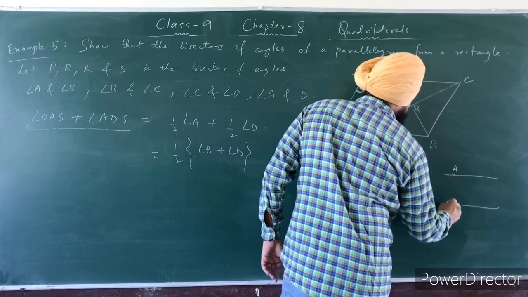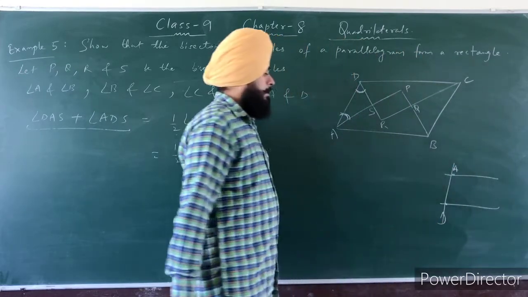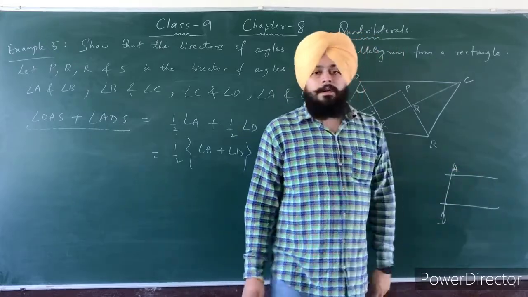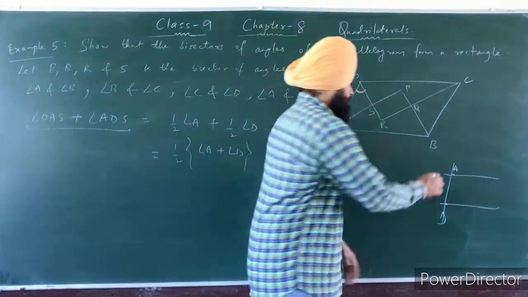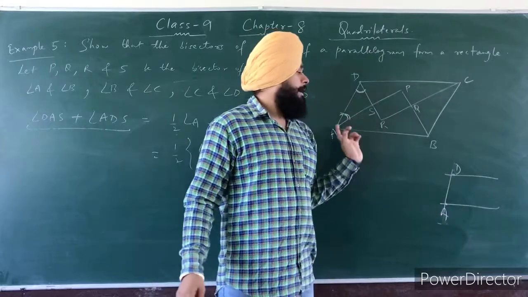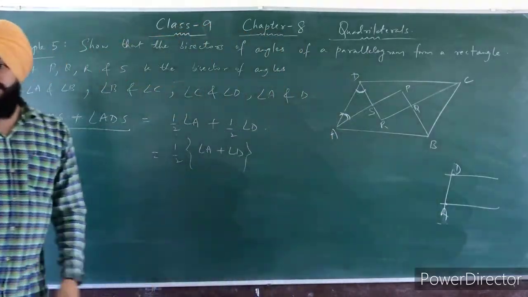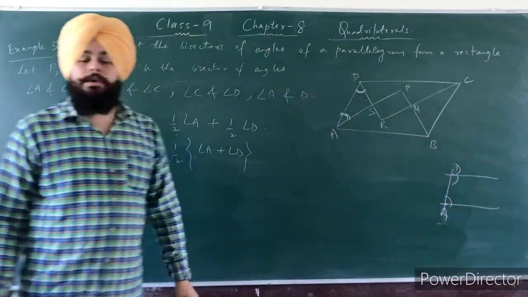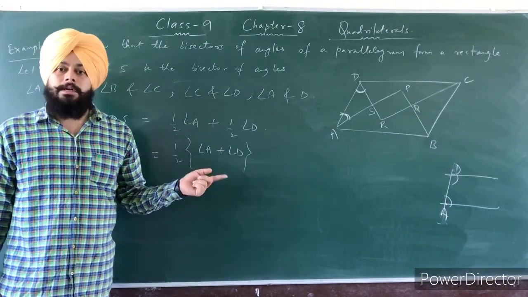Here is point A and here is point D. These are parallel lines, and this is a transversal for the lines. This is point B, this is point E. For CD and AB parallel lines, this AD is a transversal. So for this transversal, these are interior consecutive angles, and the sum of interior consecutive angles is 180 degree.